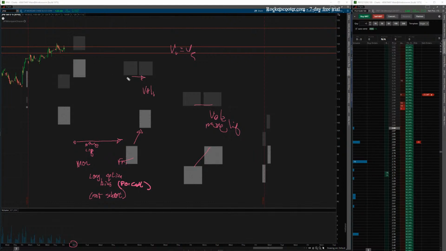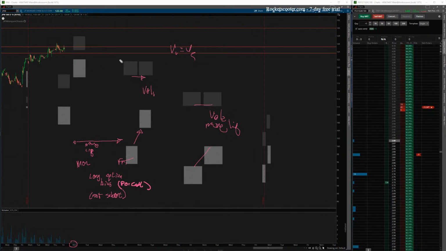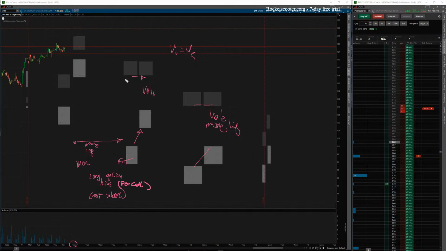So 120 is bearish today, but 120 is not bearish for the next couple of days. And as you get people willing to buy lower and lower, you're steadily in bull territory. So ideally, the thought is that you have right here.